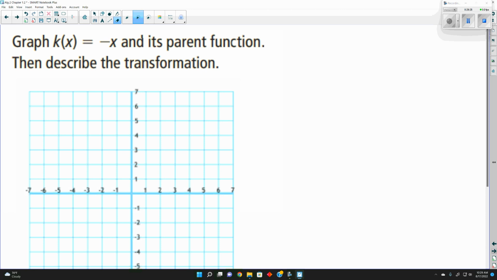So what is this one's parent function? Linear. We don't have any exponents. Yep. I'll give you another second. Okay. Now we need to describe the transformation, yes? So we do have a negative. So that means we're talking about some type of reflection. So it's reflected across what?